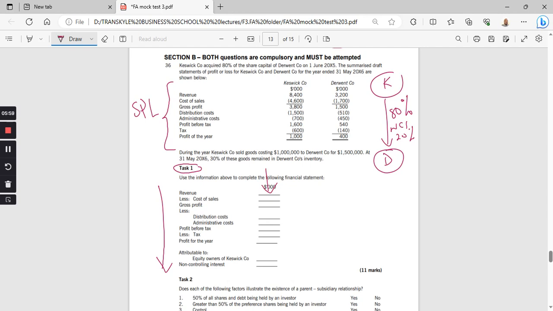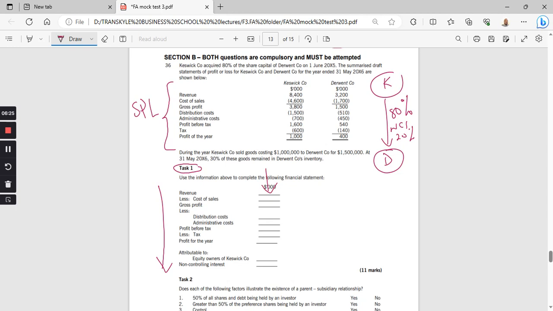So the parent sold goods to the child. The family did not make any profit there. It only makes profit if the child subsequently sold those items to external parties. So the right hand can't say I've made profit when it sells goods to the left hand. It doesn't work like that.